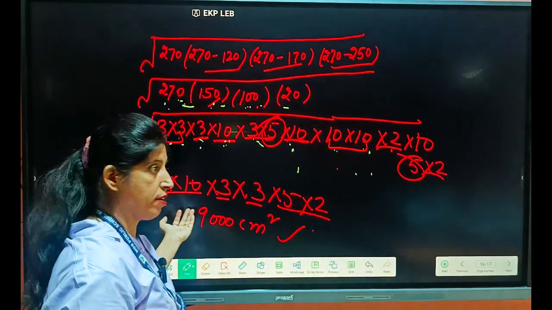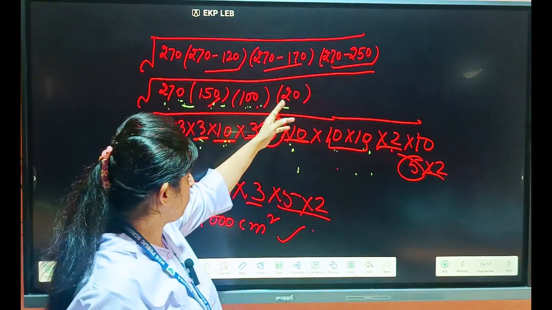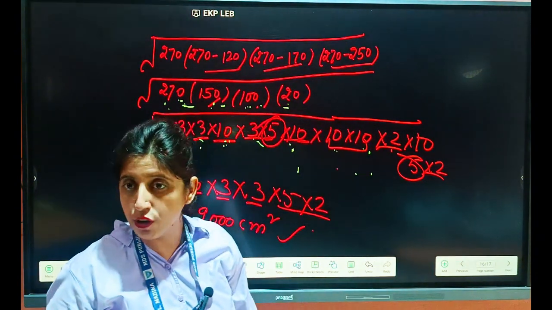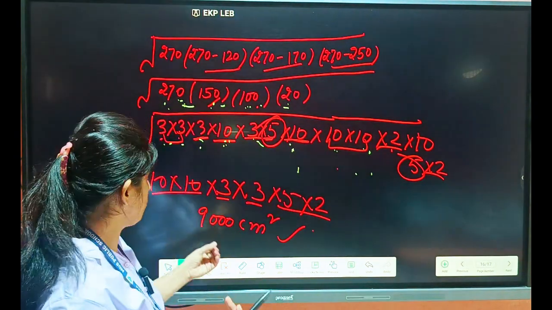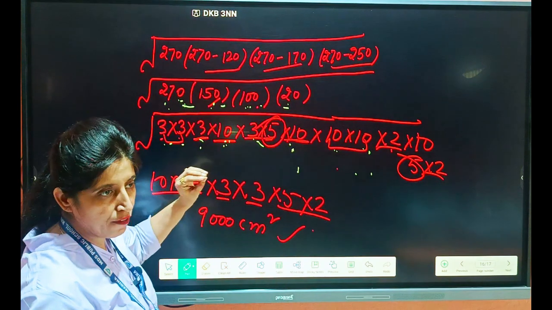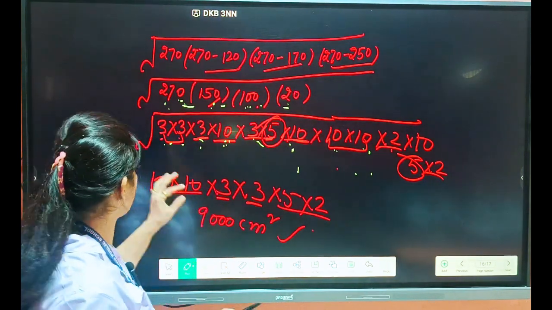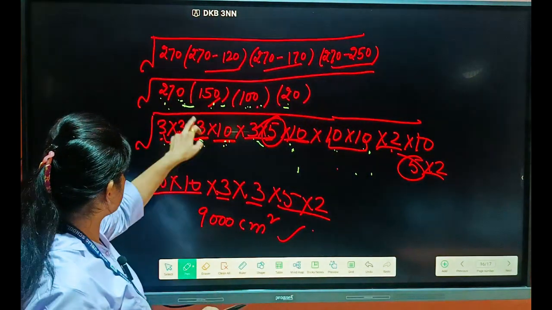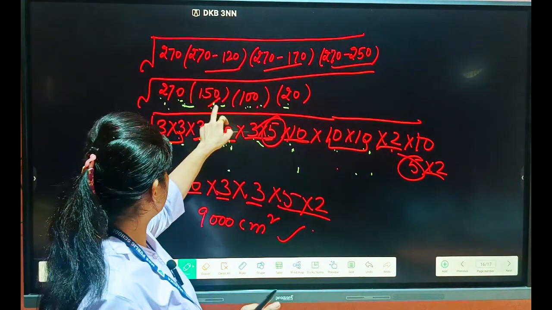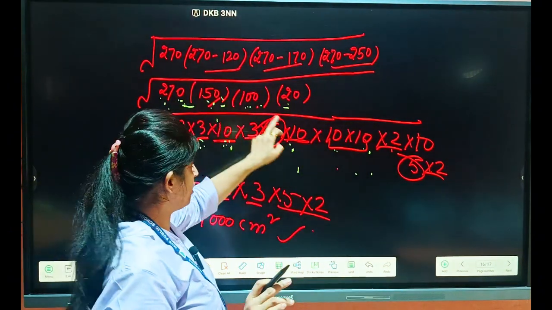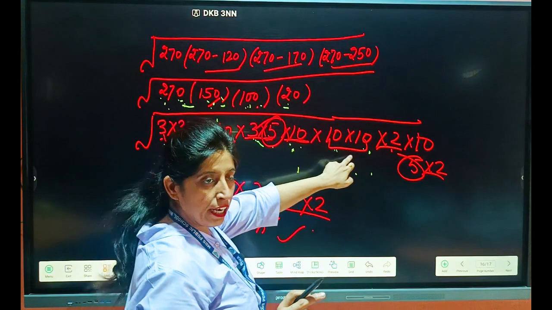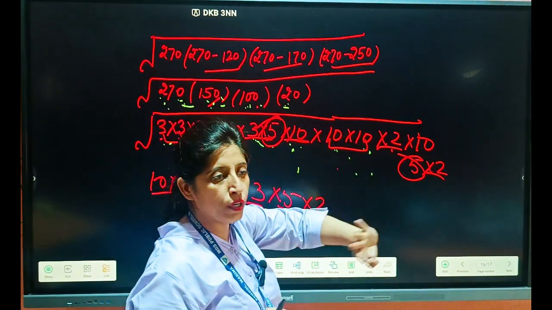From these 40, 100 will come out, है ना? 20 left, so we can write 4 into 5, that also. So it's up to you only how you will make the factor, it's your choice. ठीक है? So 27 is this, and 10 I have taken like this only. 15 is 3 into 5 into 10, 10 into 10, and 2 into 10 I have written.